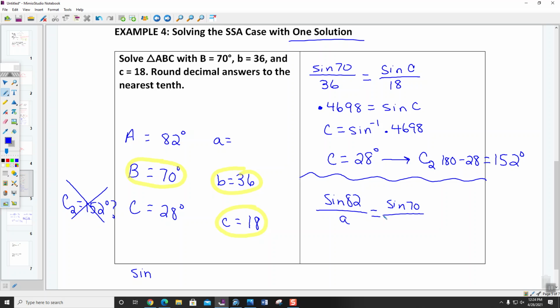Sine of 70 over 36. Yeah. So, I'd say go nearest tenth on that again. 37.9 I'm hearing? Yep. Agreed, kids?